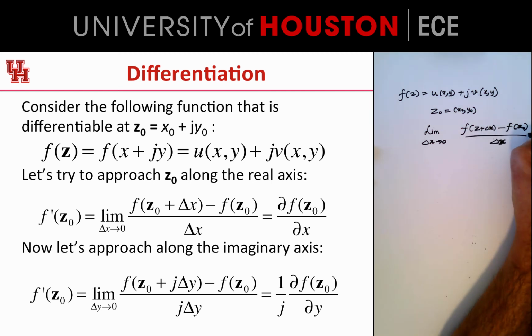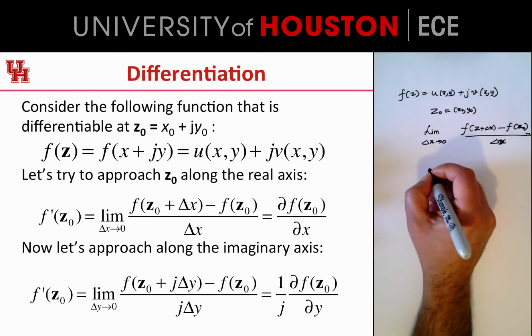This is defined as the partial derivative of f along the x-axis at the point z naught.